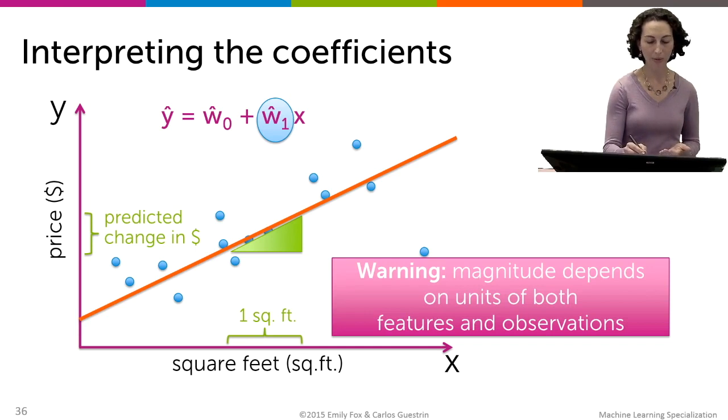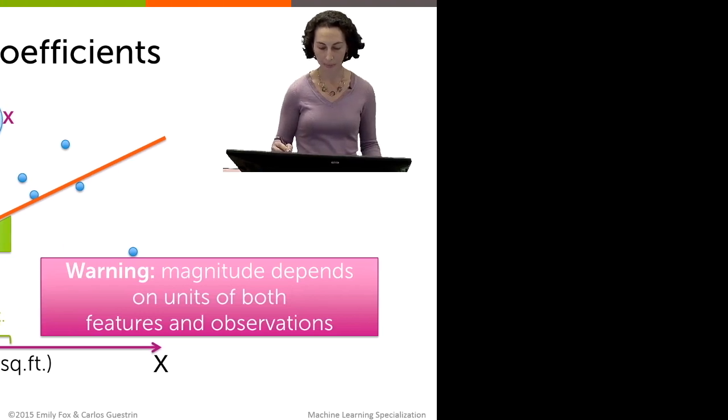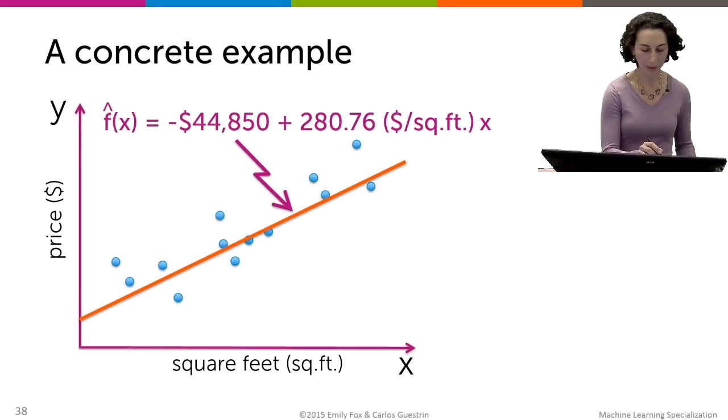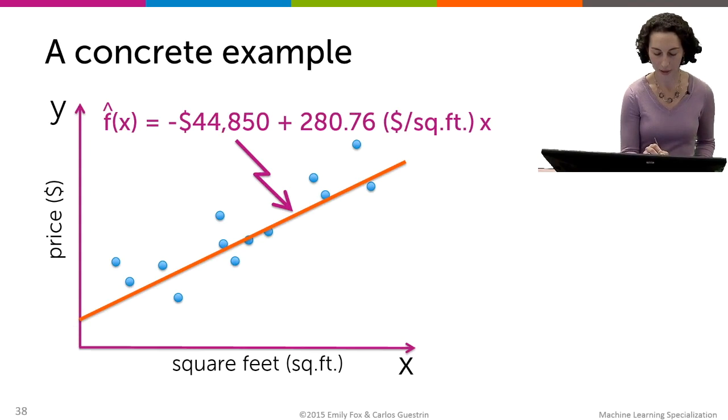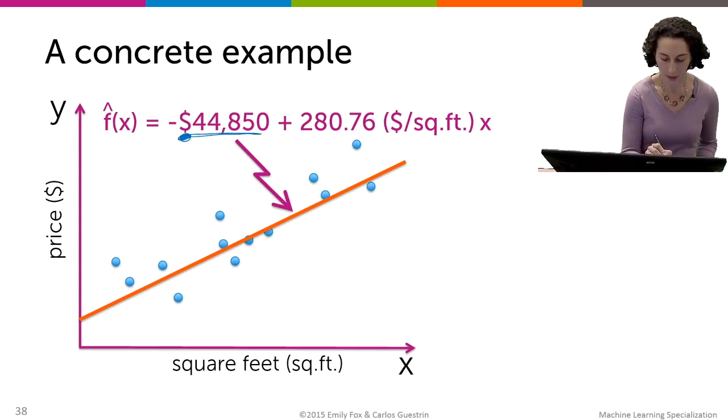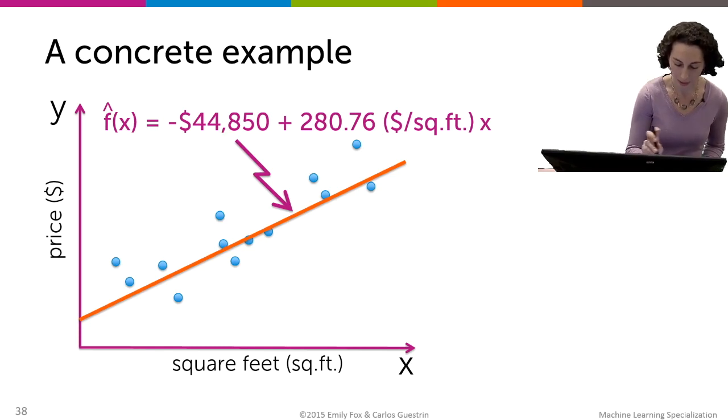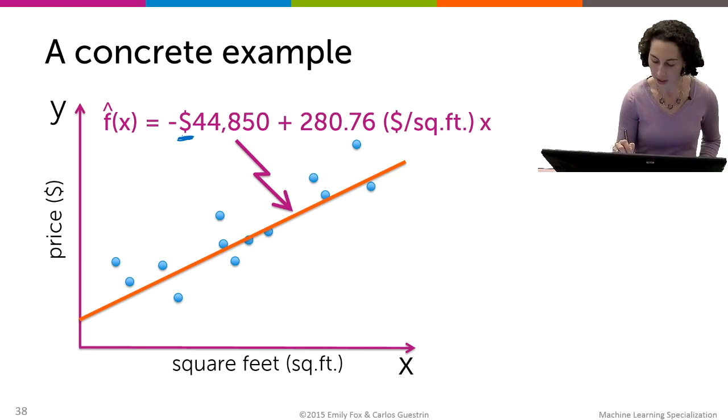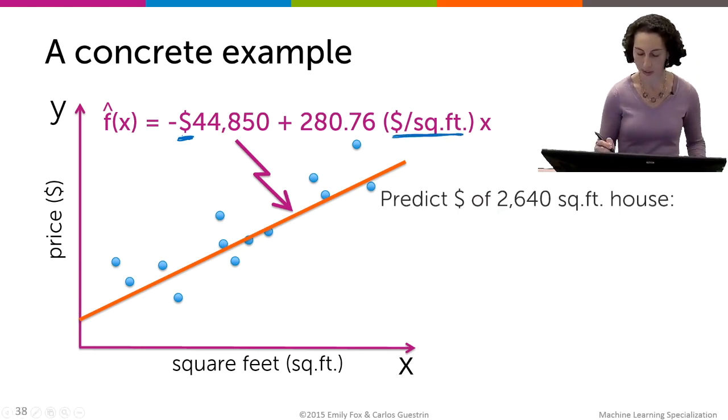And if I gave you a house that was measured in some other unit, then this coefficient would no longer be appropriate for that. Let's make this a little bit more explicit. Now that we know that there are units attached to these numbers, I'm going to put these in. Our intercept has units dollars, and the slope has units dollars per square feet.